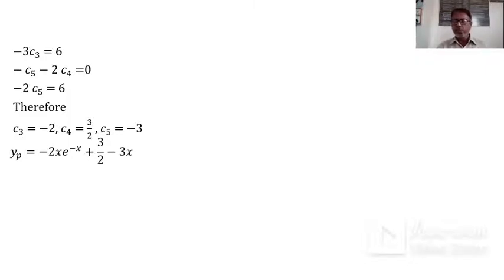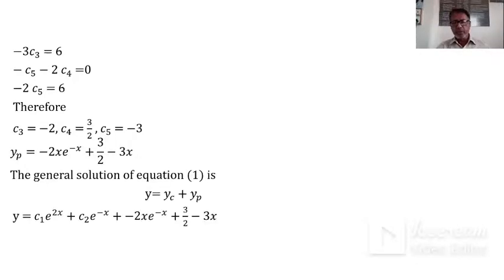Then yp is equal to minus 2x e to the power minus x plus 3 upon 2 minus 3x. Then the general solution of the given non-homogeneous differential equation is y is equal to yc plus yp, and we substitute the values of yc and yp. This is the solution of the given non-homogeneous linear differential equation by the method of undetermined coefficients.